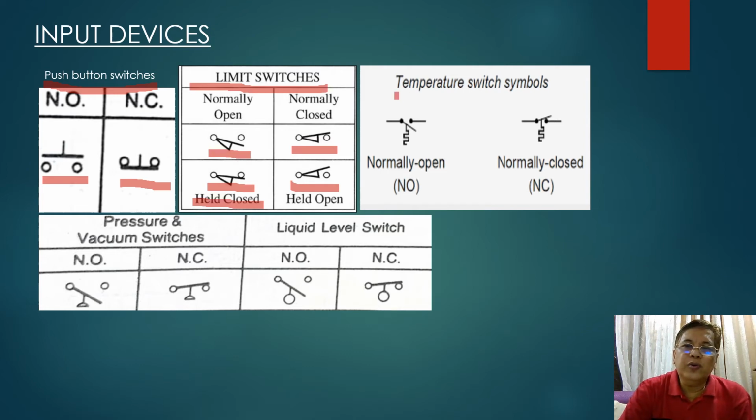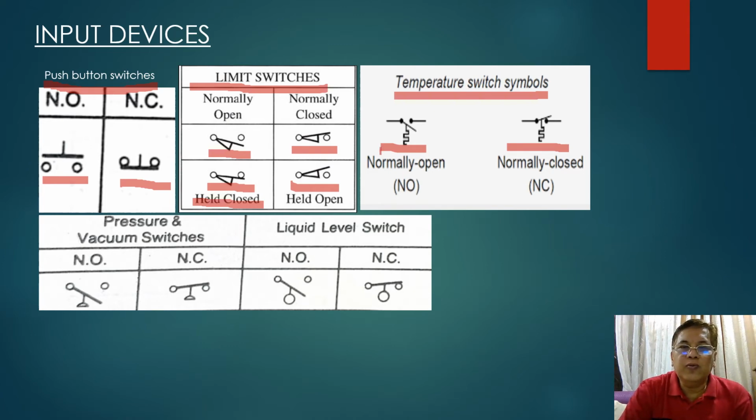Then we go to the temperature switch symbol. So this one here is the symbol for a normally open temperature switch, and this one here is the symbol of a normally closed temperature switch. So what do the temperature switch symbols mean?